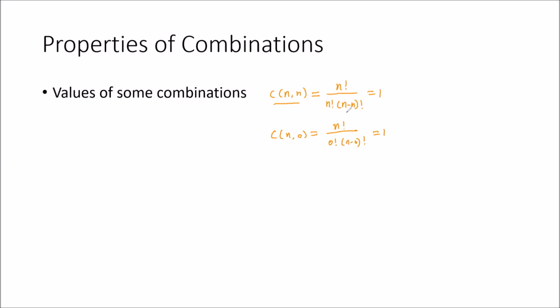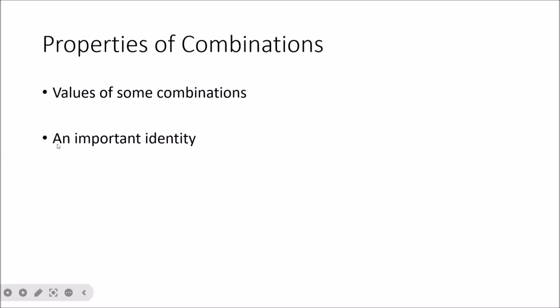I will go back to some other values later on, but continuing this argument, I'm going to introduce an important identity: C(n, k) equals C(n, n minus k).